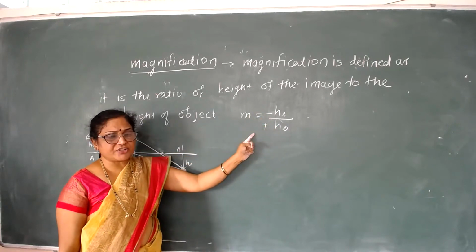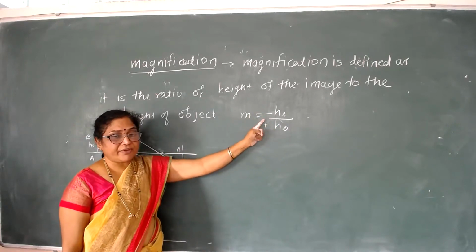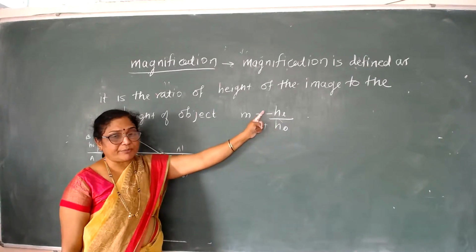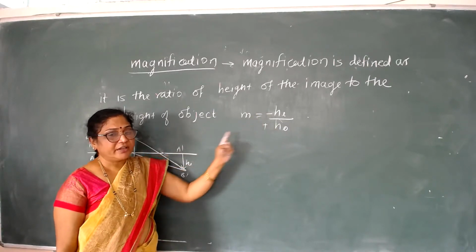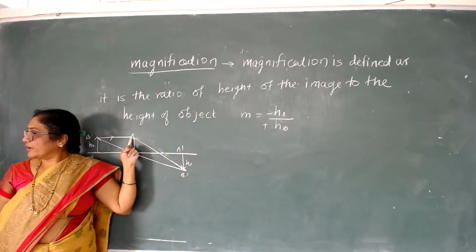Then the relation between v by u and the height of the image and the height of the object is derived using this figure.